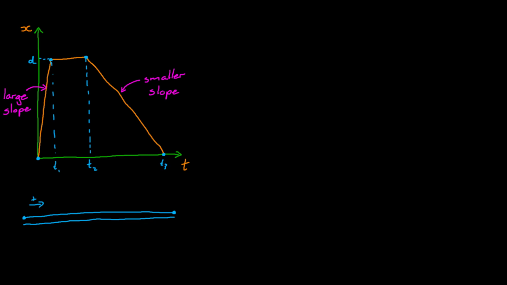Also, when the particle was moving forwards, the slope was positive. Whereas when the particle was moving backwards, we had a negative slope.